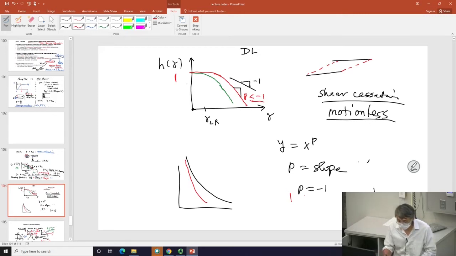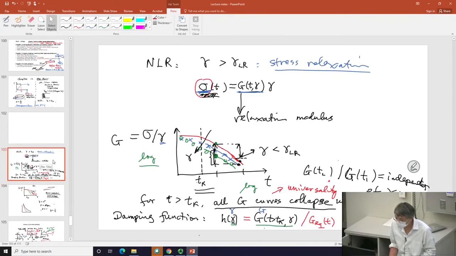And now let's recall what I complained about. Remember I called this the damping function, right?